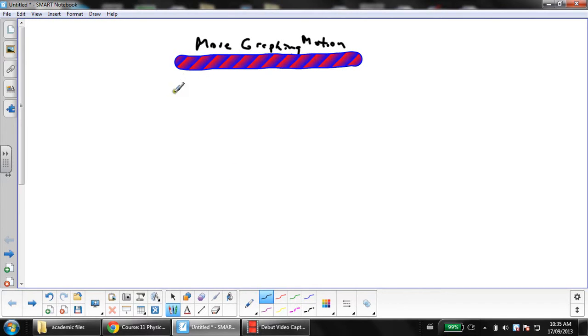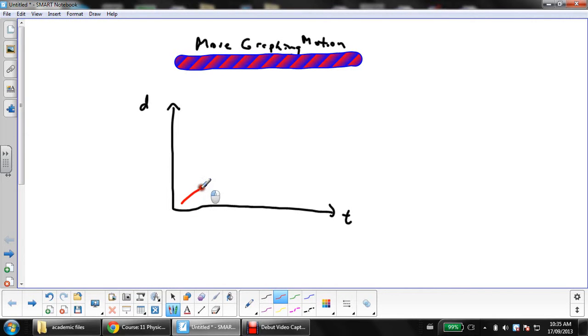Okay. So hopefully you remember that if I have a graph, a DT graph, and it's doing something like this, the slope equals the speed.